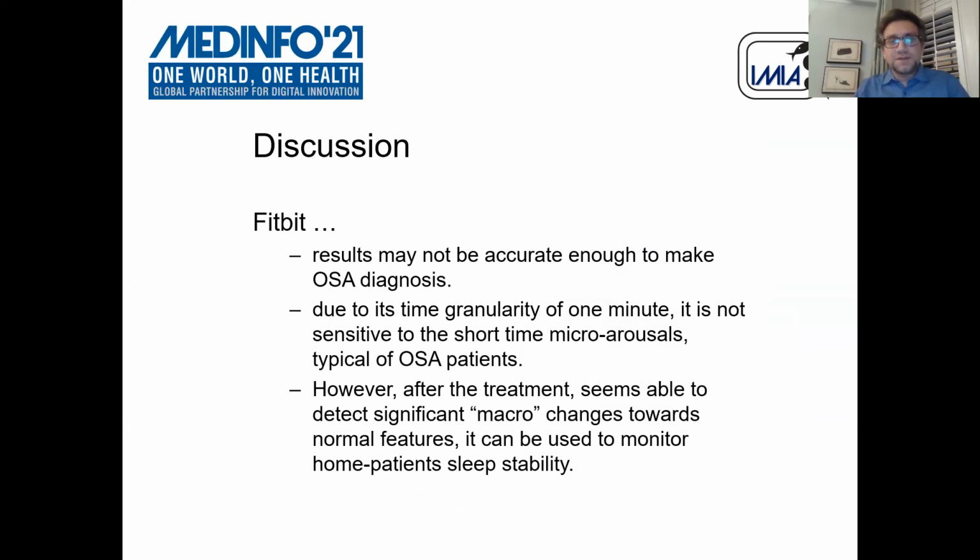We know it's not sensitive enough to detect short-term events in sleep. However, after the treatment, we can see Fitbit can detect significant macro changes, especially when the patient improves to have regular sleep.